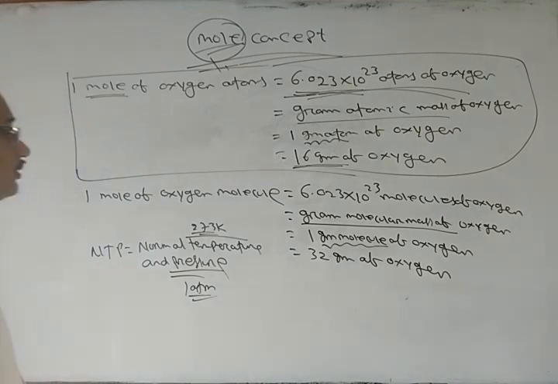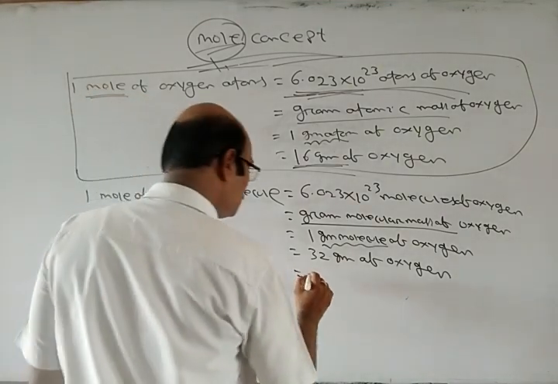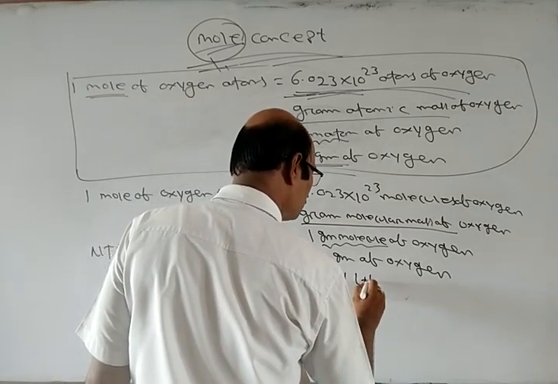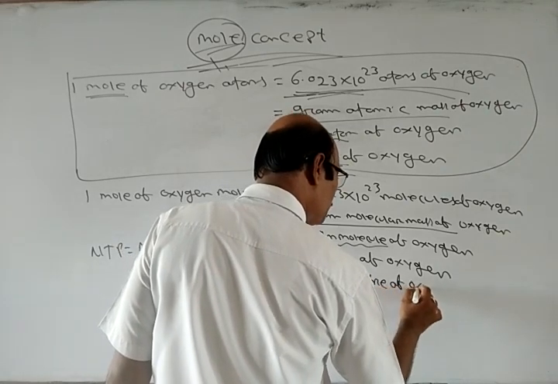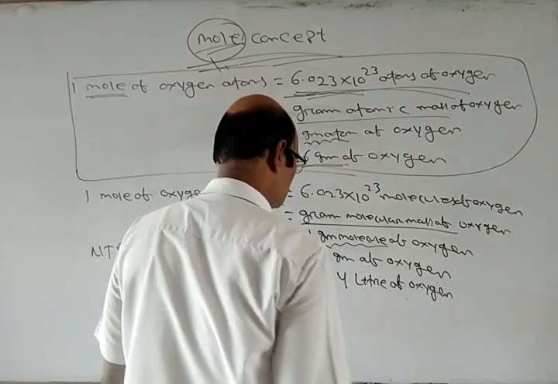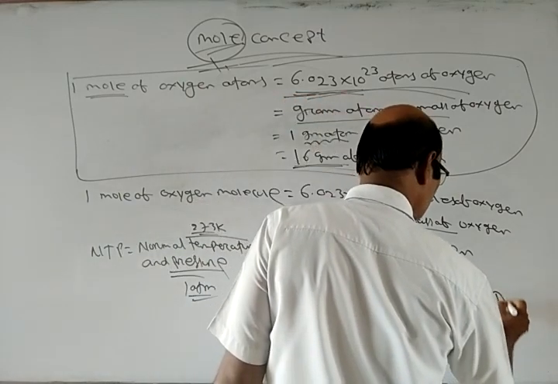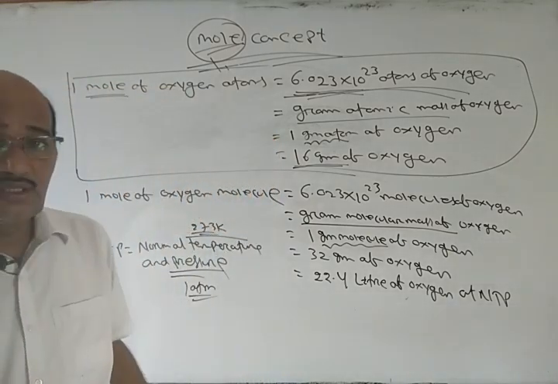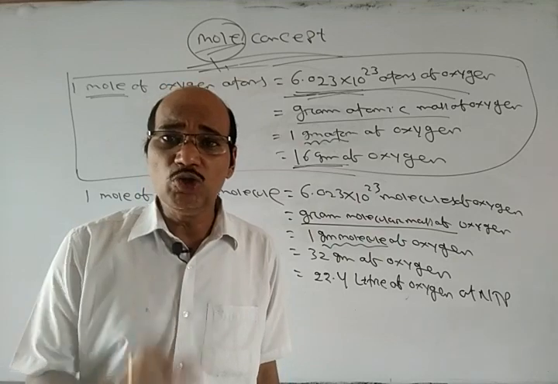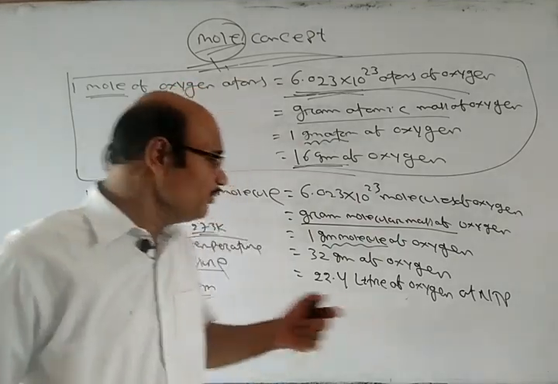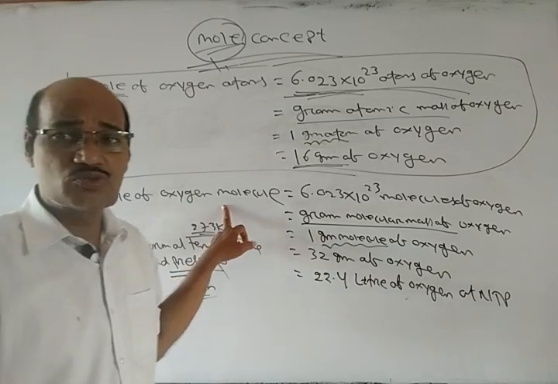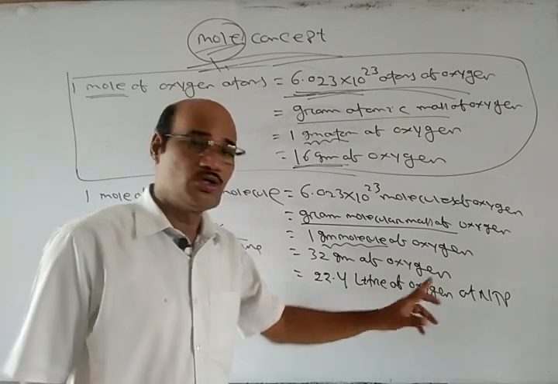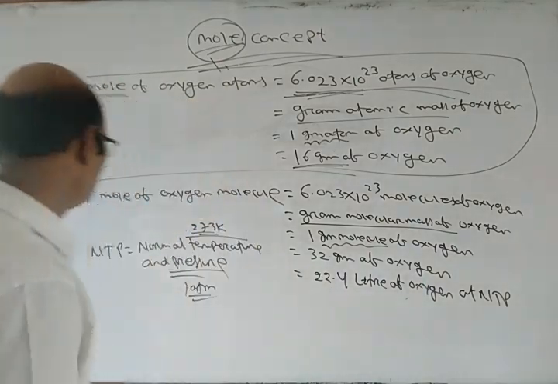Okay. So this is called 22.4 liter of oxygen at NTP. Because already we have taken here 1 mole of oxygen, this 1 mole of oxygen is equal to the gram molecular mass 32 gram, equal to 22.4 liter of oxygen at NTP. Okay.